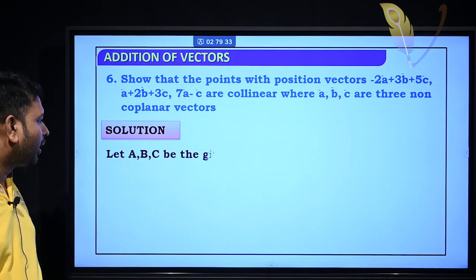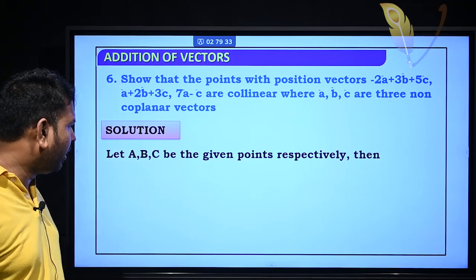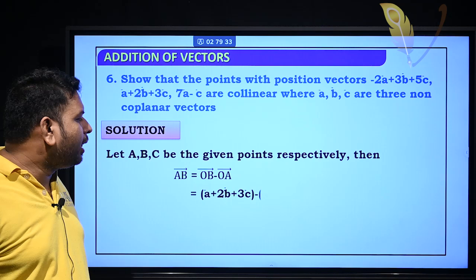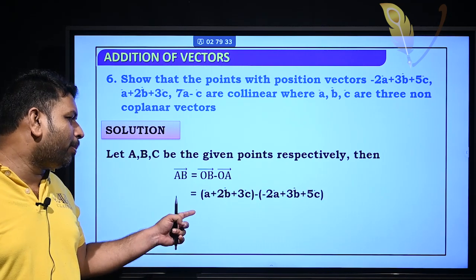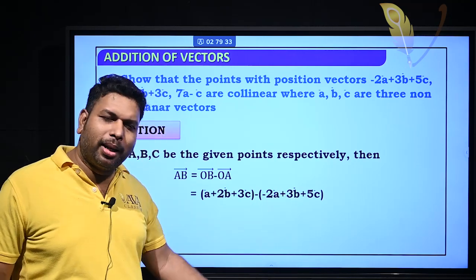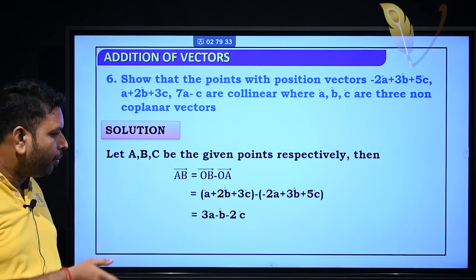Solution. Let A, B, C be the given points respectively, then AB equals OB minus OA, that is a bar plus 2b bar plus 3c bar minus 2a bar plus 3b bar plus 5c bar. This equals 3a bar minus b bar minus 2c bar.